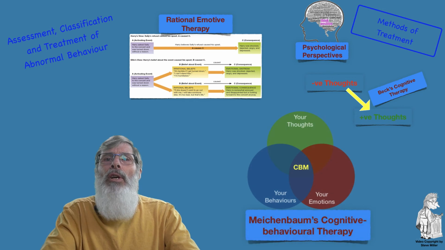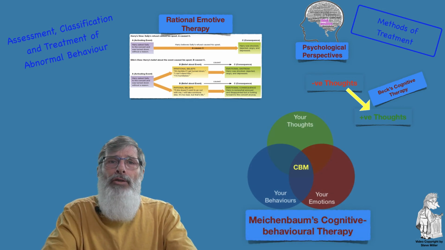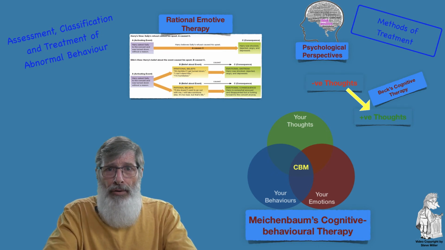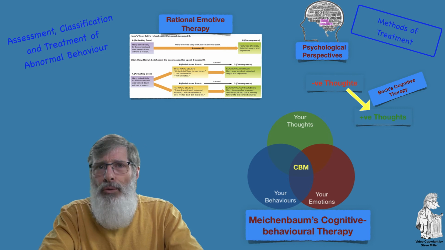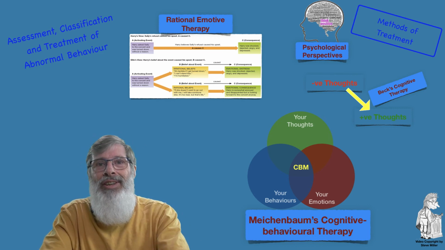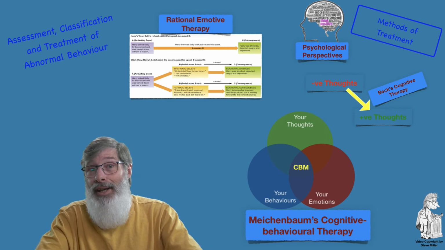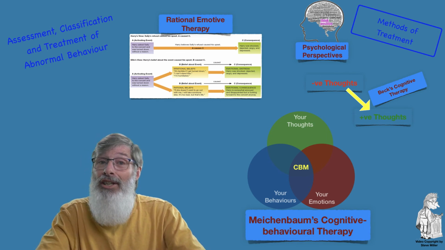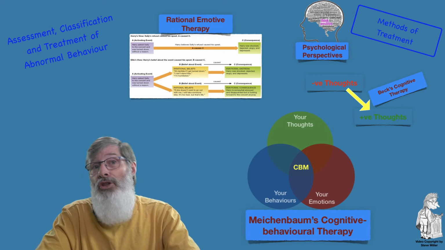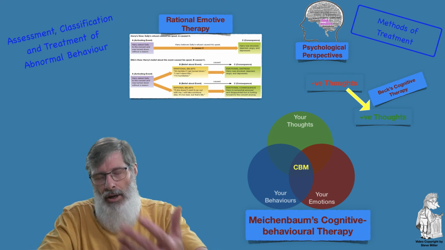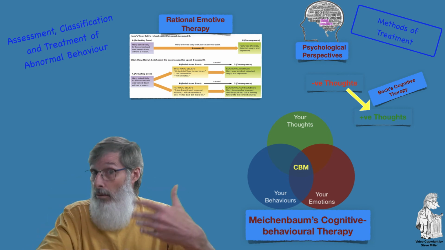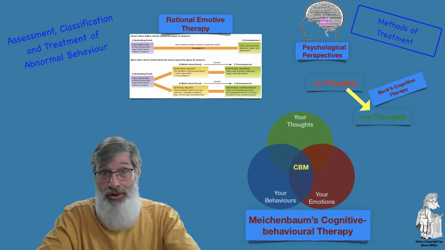Donald Meichenbaum's cognitive behavior therapy, he's a Canadian out of University of Waterloo, and his cognitive behavior therapy attempts to integrate behavioral principles and cognitive techniques in a way that reduces or eliminates problematic behavior and changes dysfunctional thoughts and cognitions. And so there's a common thread in the cognition ones. It's about thinking, and the behavior ones, it's about the actions that we take.